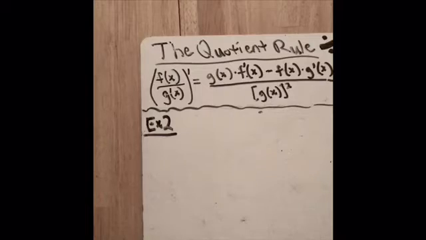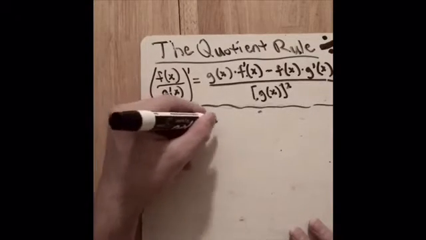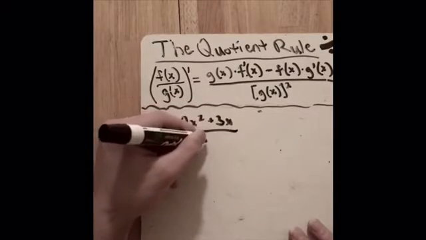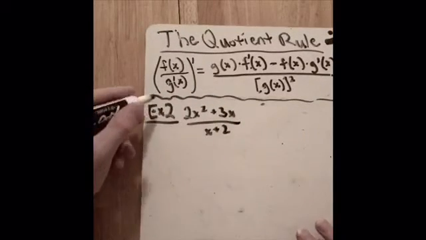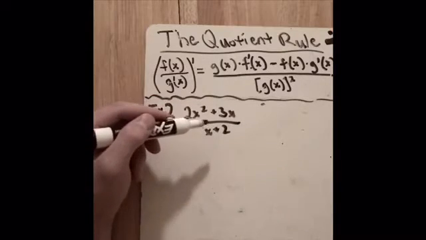We are given 2x squared plus 3x all over x plus 2. So our f of x is 2x squared plus 3x, and our g of x is x plus 2.